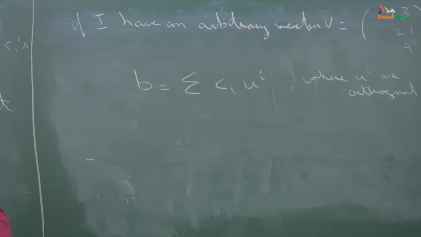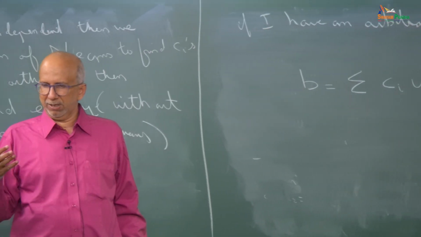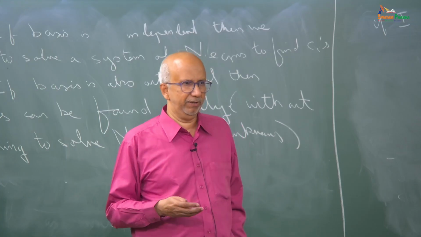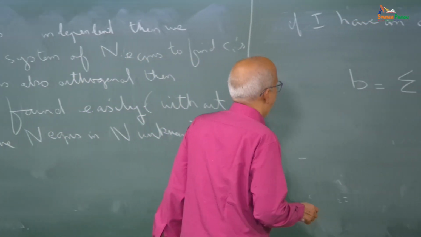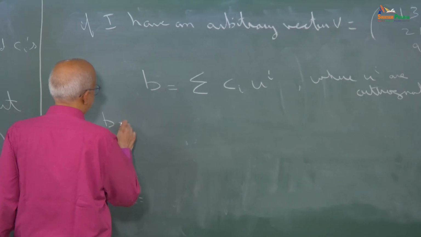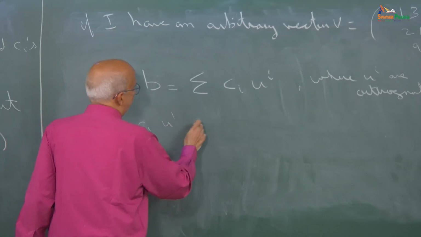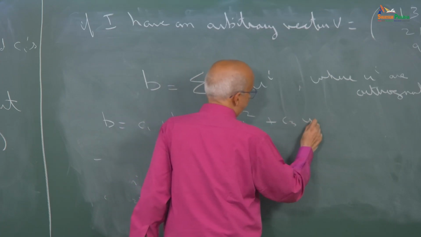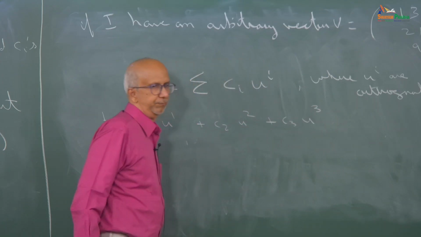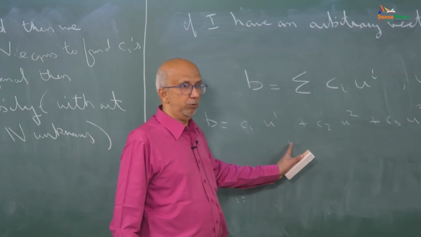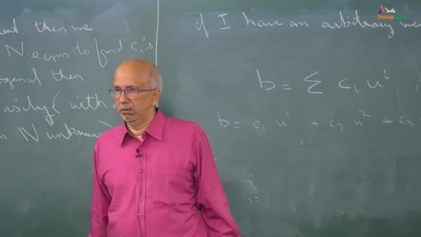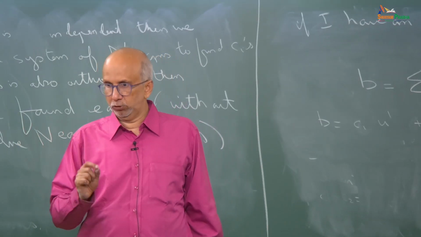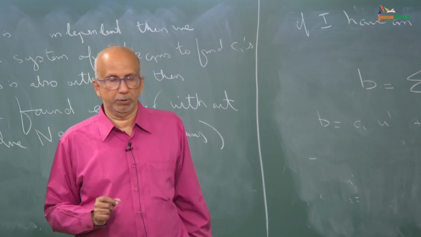Again I illustrated for just a simple 3-dimensional case, 3 vectors. So, b is written as C1 U1 plus C2 U2 plus C3 U3. And remember, U1, U2, U3 are orthogonal. That means U1 is perpendicular to U2, U1 is perpendicular to U3, U2 is perpendicular to U3.